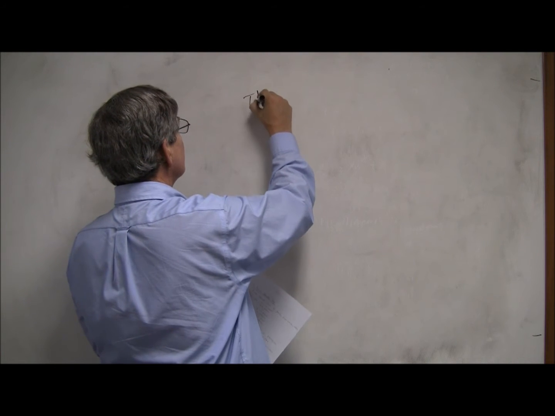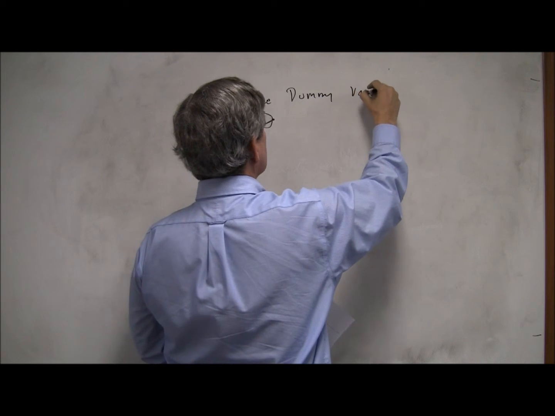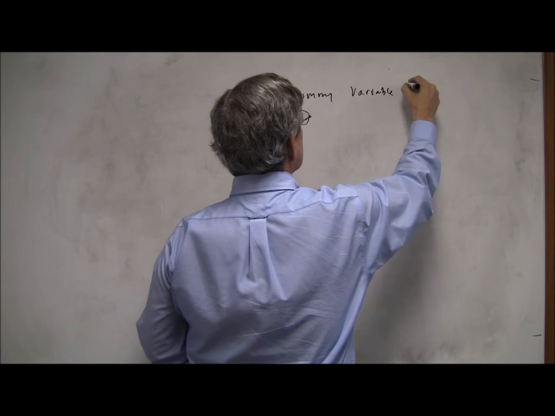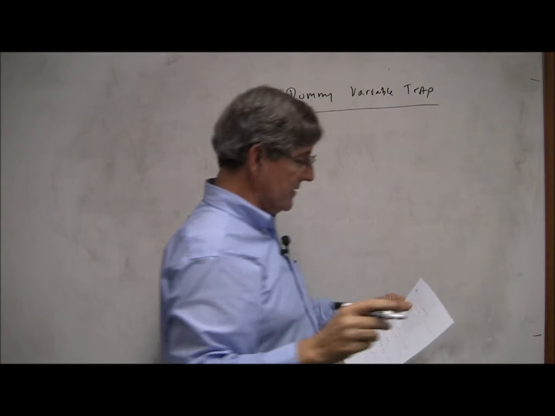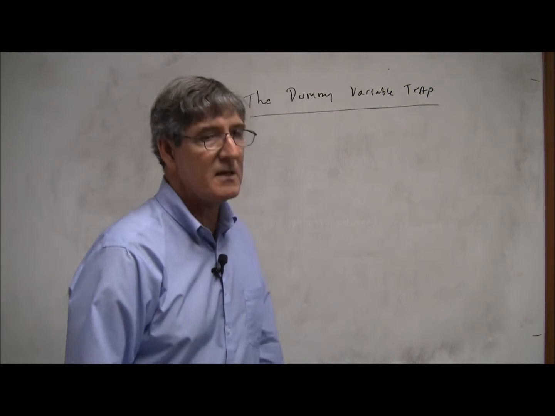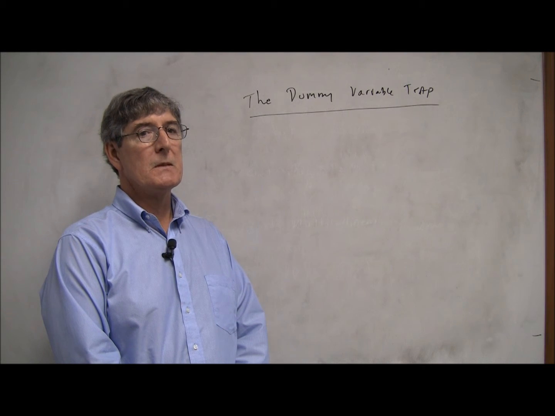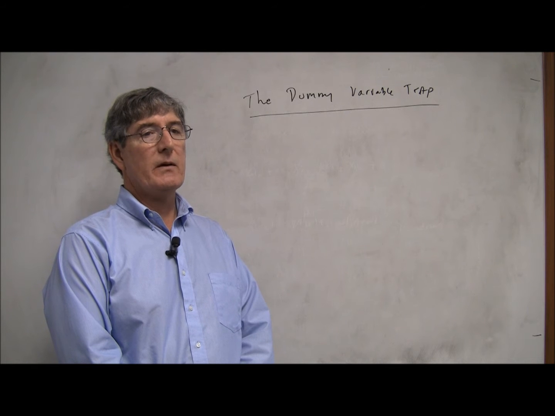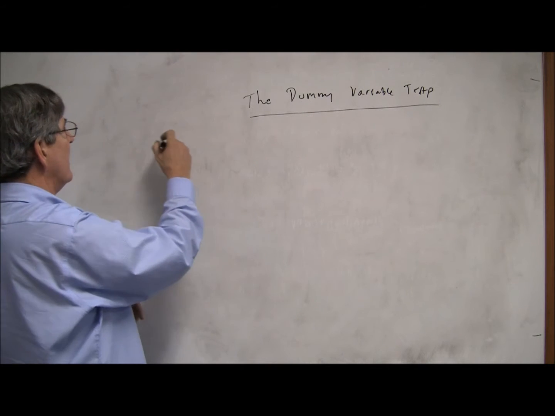As an example of perfect multicollinearity, let's talk about the dummy variable trap. There's lots of ways that you can run into this problem. For instance, suppose that you put into a regression the percentage of English speakers, aside from the dummy variable trap.